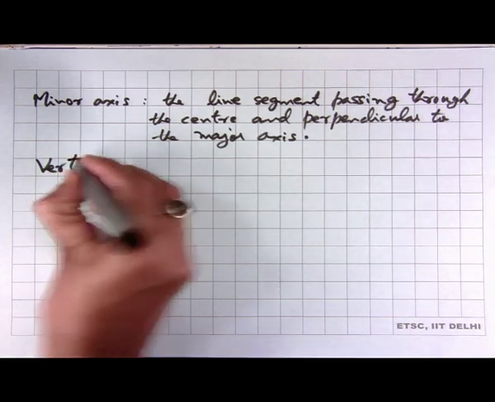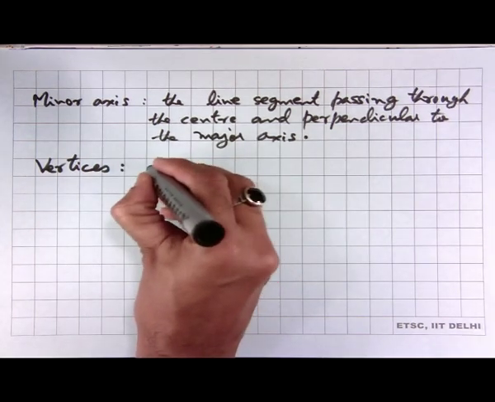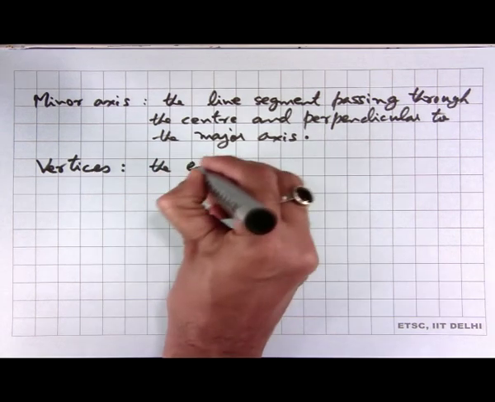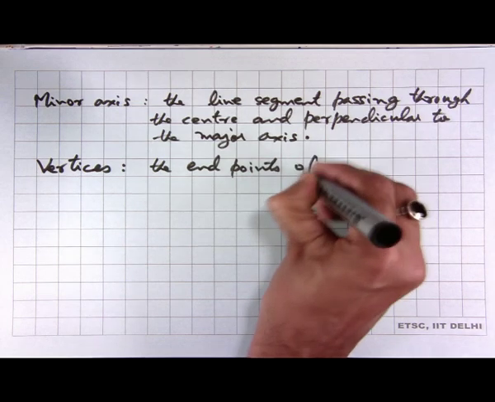Also, we define the vertices of an ellipse. These are the end points of the major axis.